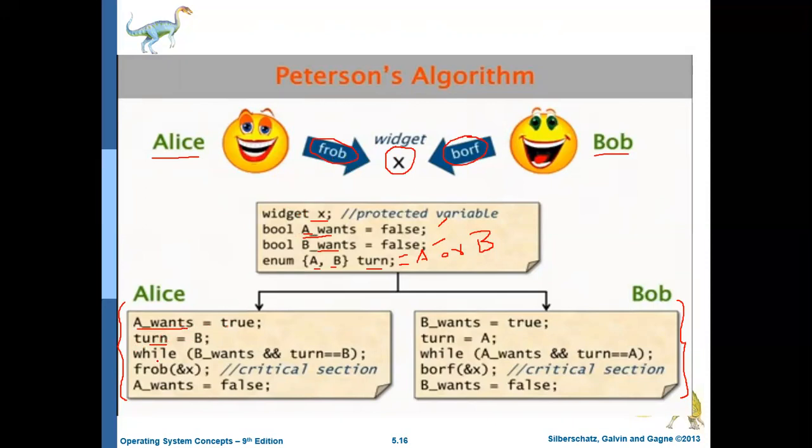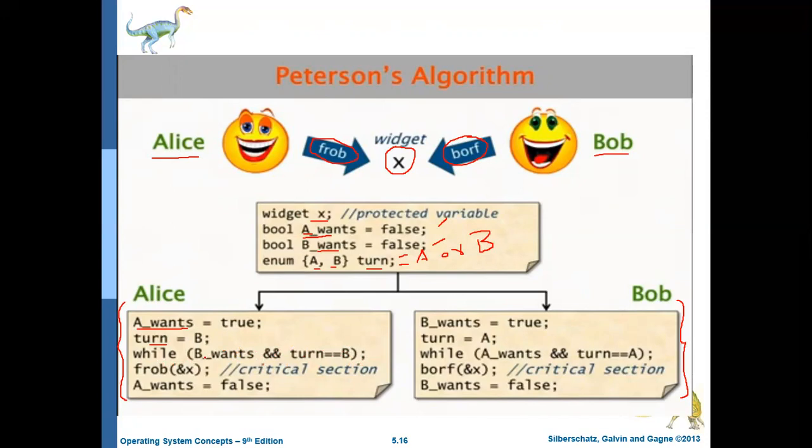Then Alice is checking this while loop, which ends with a semicolon, which means there is no other statement inside the while loop. As long as this condition is true, it will loop around. It is a spin loop.